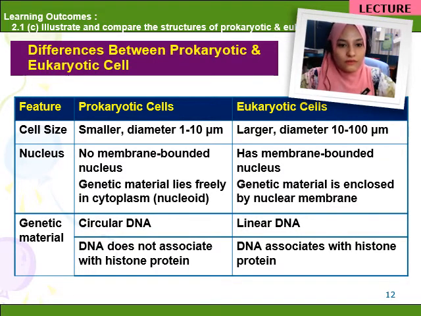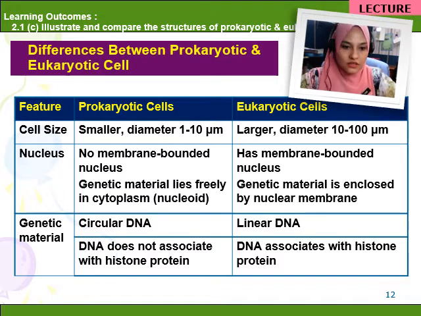The prokaryotic cell has no membrane-bounded nucleus, which means its DNA lies freely in the cytoplasm, to be specific, in the nucleoid, while the eukaryotic cell has a membrane-bounded nucleus, which means its DNA is enclosed by a nuclear membrane.